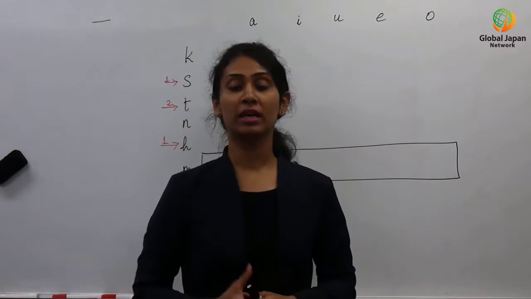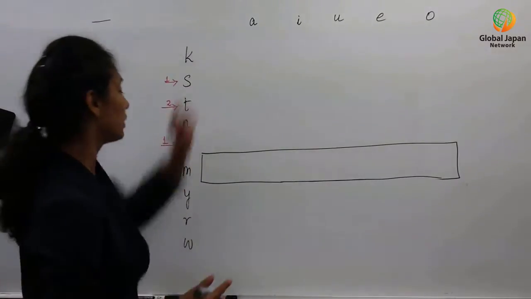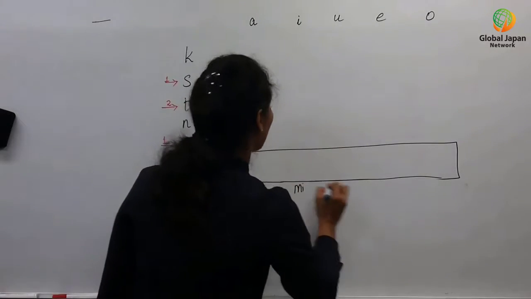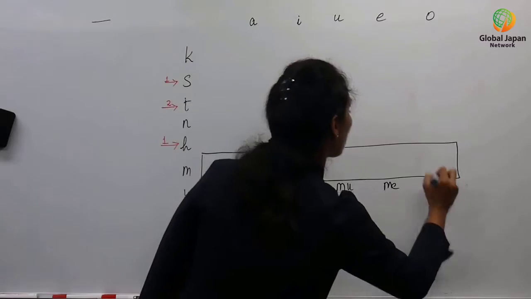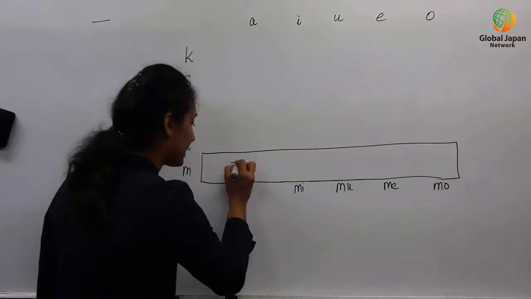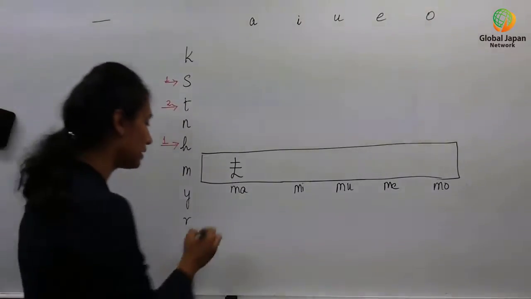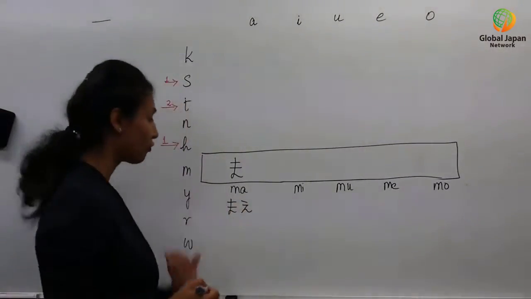Let's move on to the ma line now. Combining consonant sound with the vowels, we get the following sounds: ma, mi, mu, me, mo. Ma is written this way. An example word for ma, mae, means front or before.